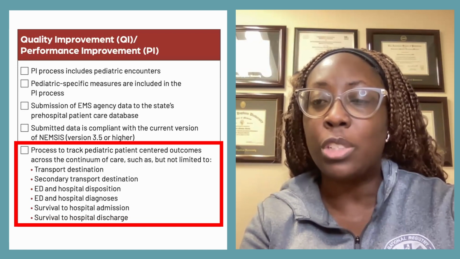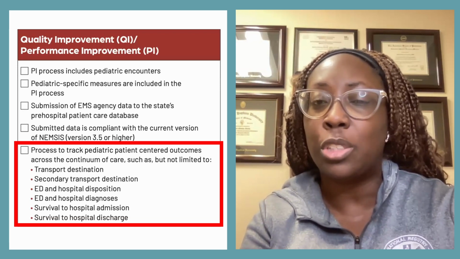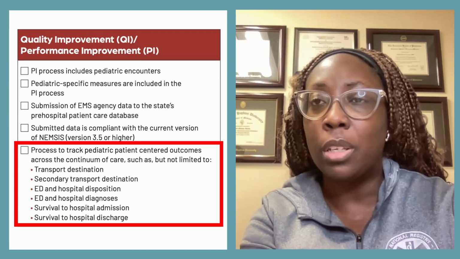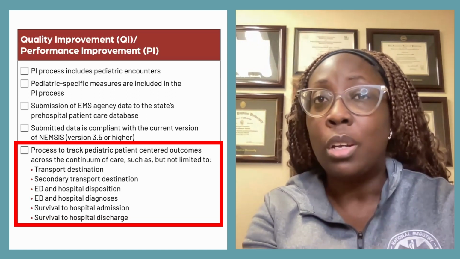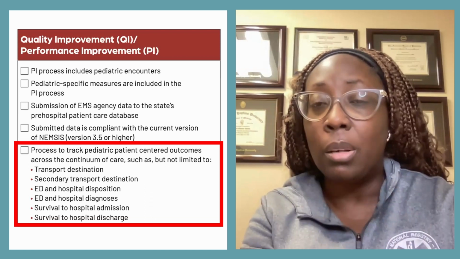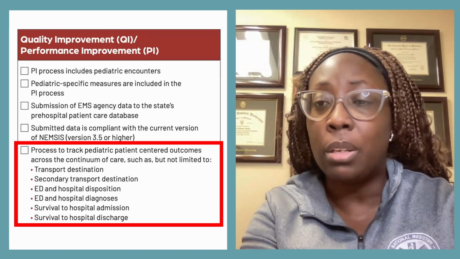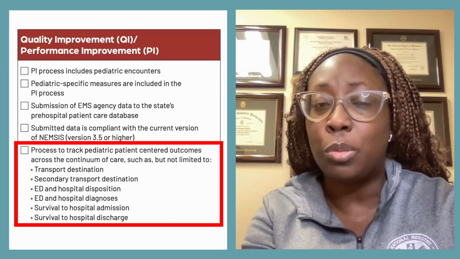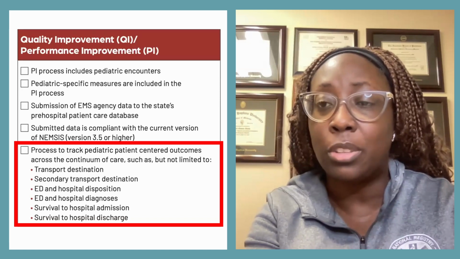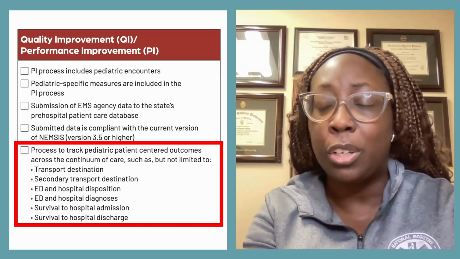If there's no relationship between the EMS system within the jurisdiction and the healthcare facilities that take care of children, of which the majority of children go to community ED-based centers. About 80 to 90% of the children throughout the country go to community-based ED centers and not pediatric tertiary care centers.